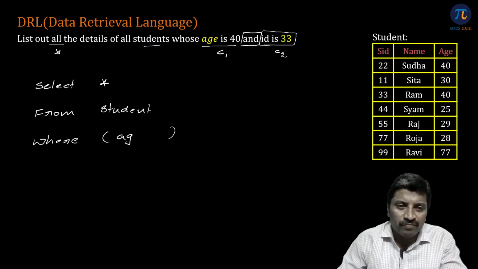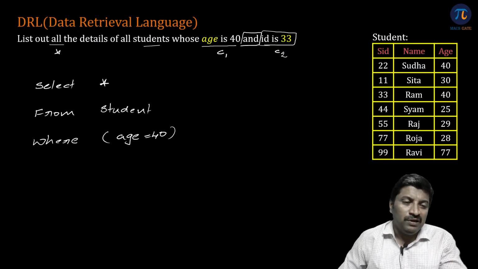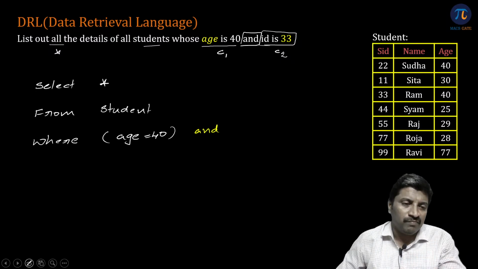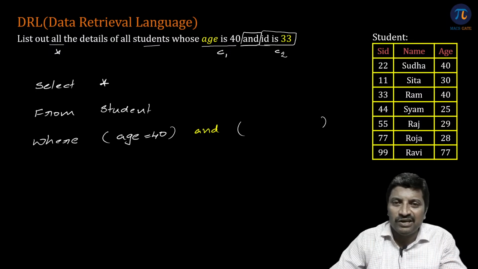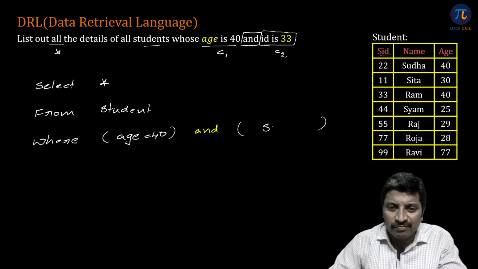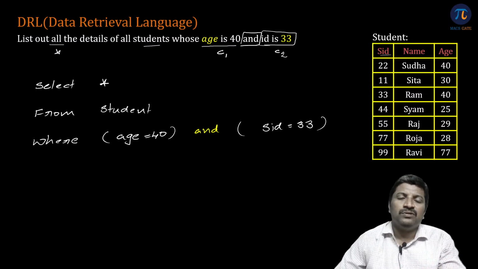Age equal to 40. And we write the keyword AND. What is the second condition? ID. What is the name for this one, sir? SID equal to 33. Hope you understood it.